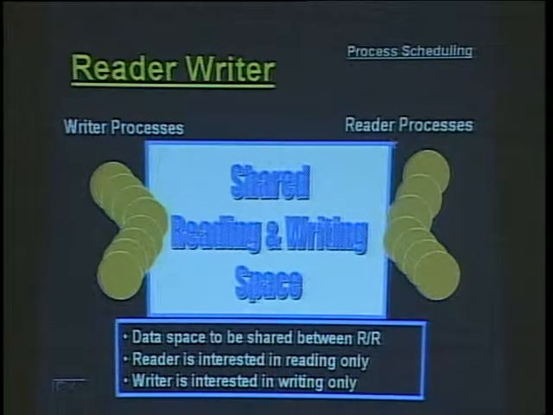And we see a number of reader processes who are interested in reading the shared memory, and the data space will have to be shared between the reader processes and writer processes. A number of reader processes can access the database at the same time, but the writer processes cannot, because while the writer process is accessing the shared space, that process would like that no other process be able to access that space. And this is a classical problem in database process synchronization.